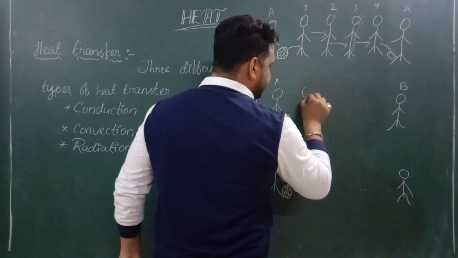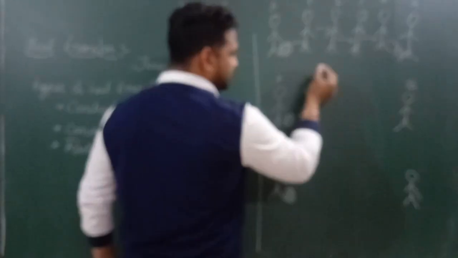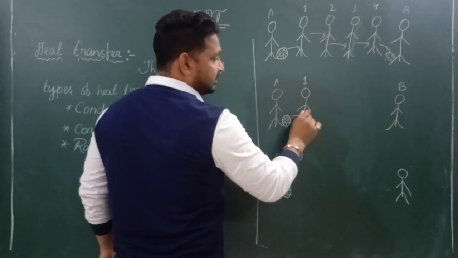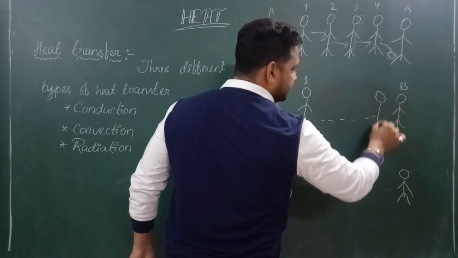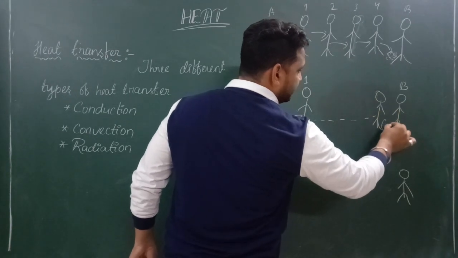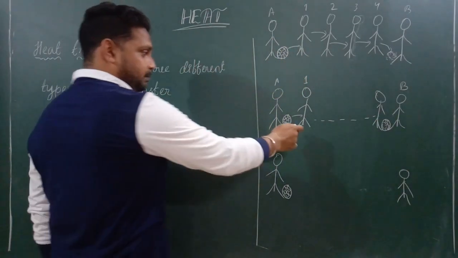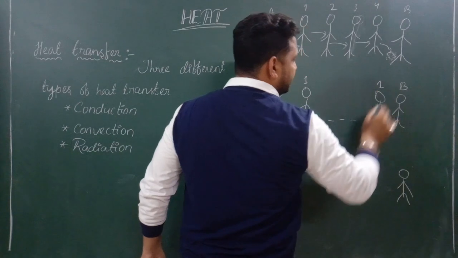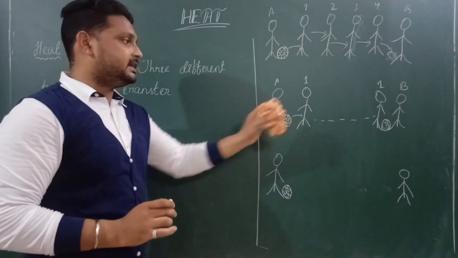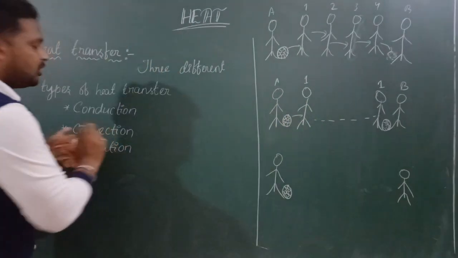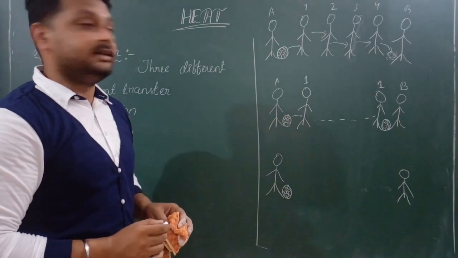He will give the ball to one person, and this person will move, he will go, and he will give that ball to B. This type of heat transfer is called convection. Understood?